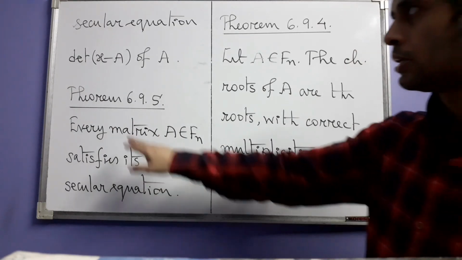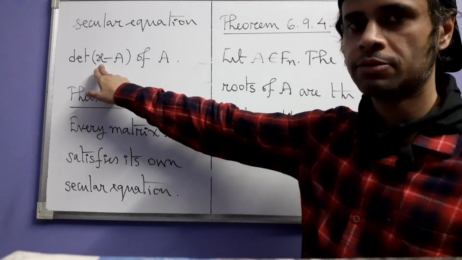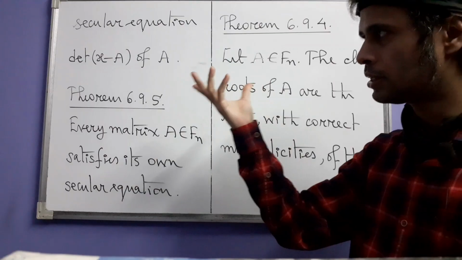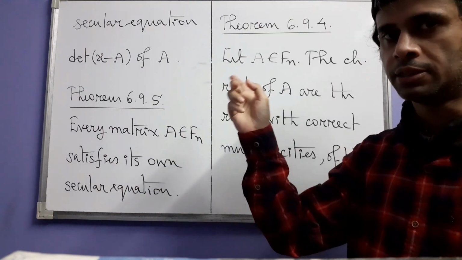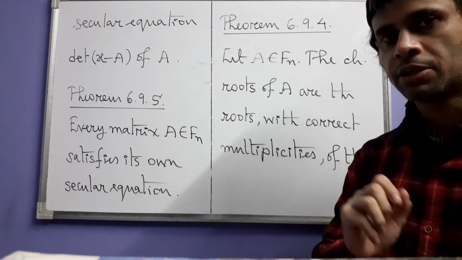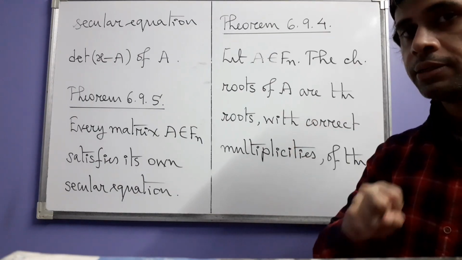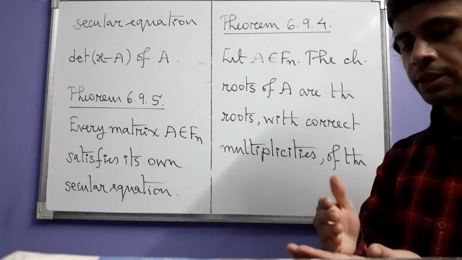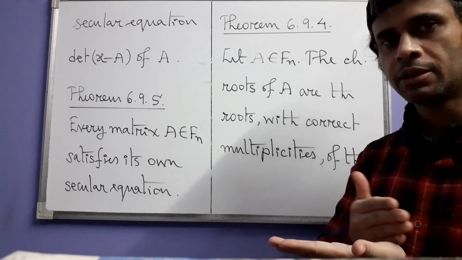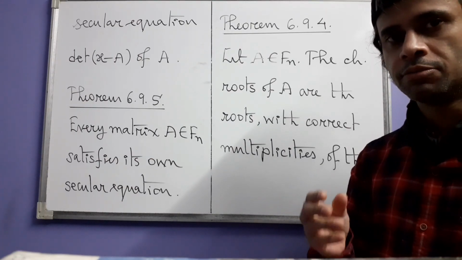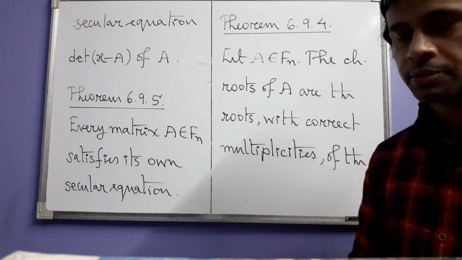It's a little misleading if you think of replacing x with A here itself. What it really means is that first you find that polynomial, like what we did in that example, (x minus 1) whole square. Then in place of x, if we write the matrix A, we are going to get a polynomial expression in that matrix. If you simplify that, you will get the n by n zero matrix.